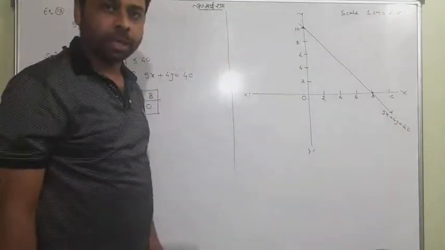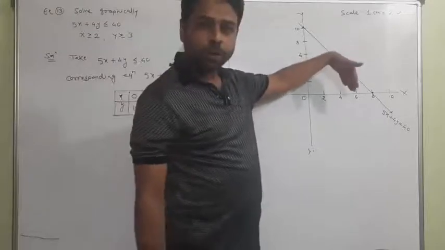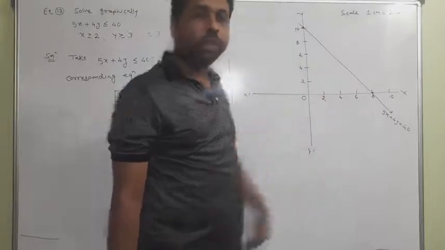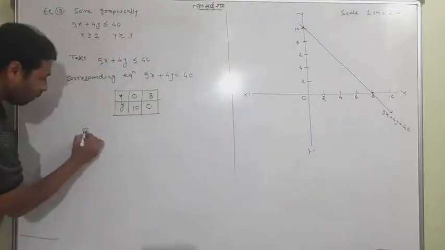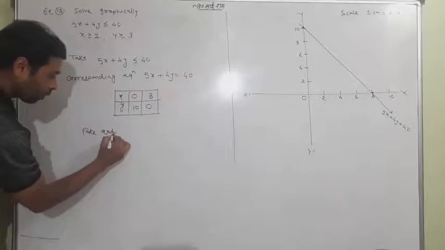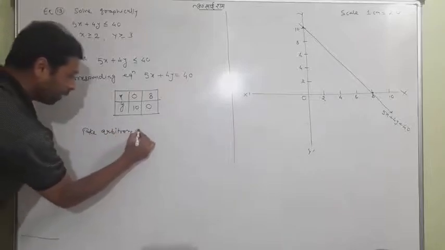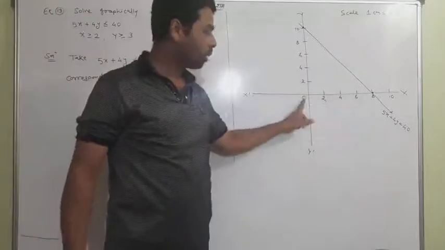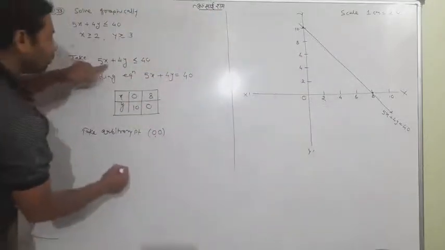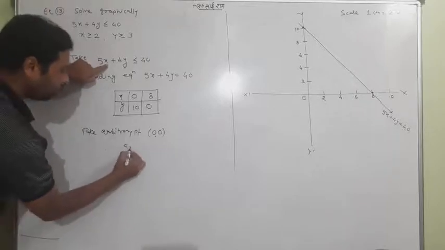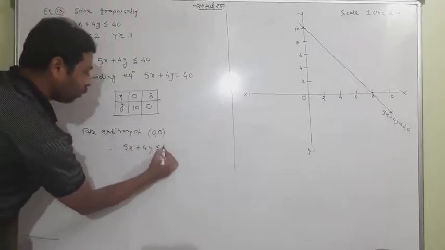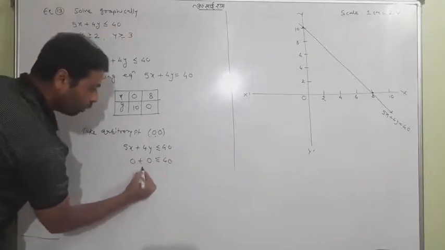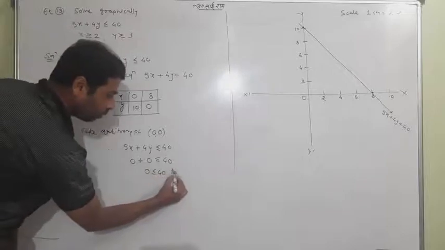But this is not the main thing. The main thing is whether your required solution region is upside or downside. So we will check. Take an arbitrary point, always a point which does not lie on the line, which is the origin. Put it in the inequality: 0, 0 gives 0 less than 40, which is true.